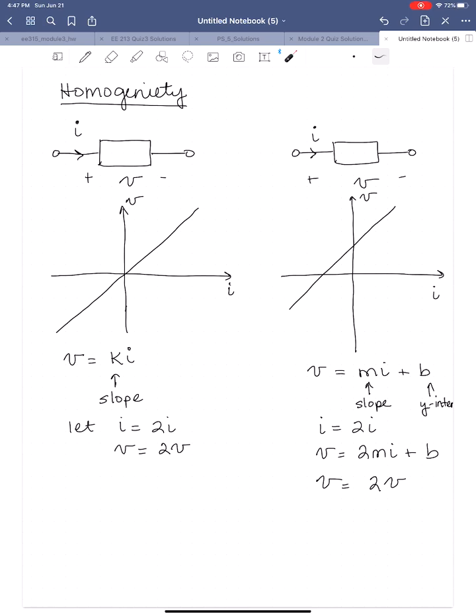All right, so let's talk about superposition and how we're going to use it. So, superposition steps. Step 1.